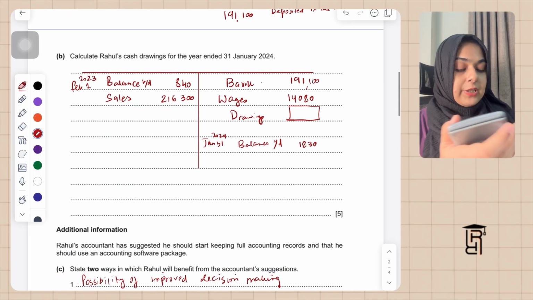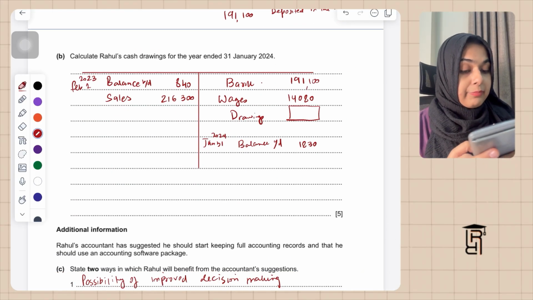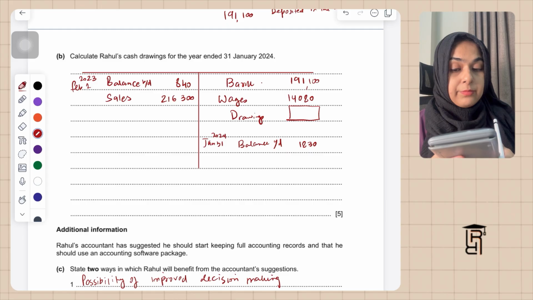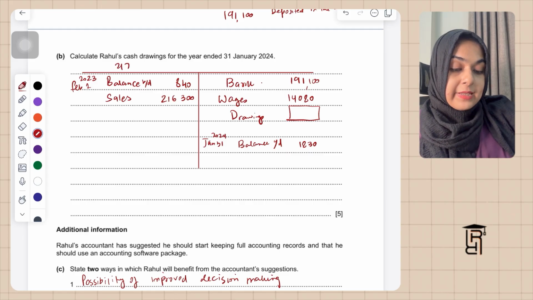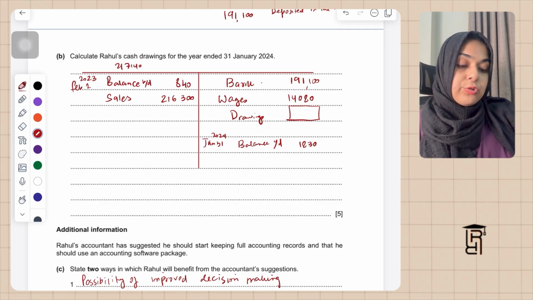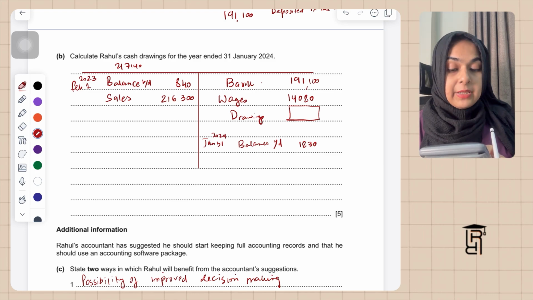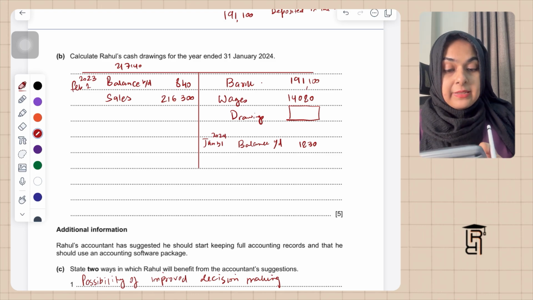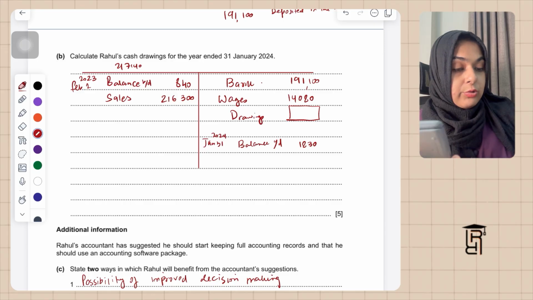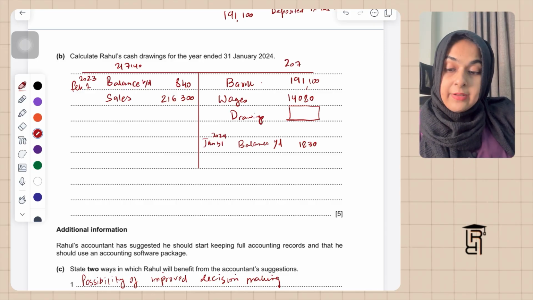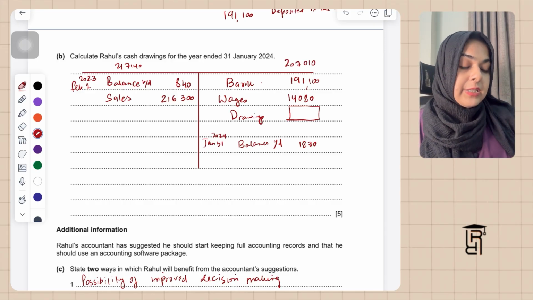On the debit total, you will see 840 plus 206,300, and this is going to be 217,140. So the total of the debit side is 217,140. On the credit side, it's 191,100 plus 14,080 plus 1830, a total of 207,010.